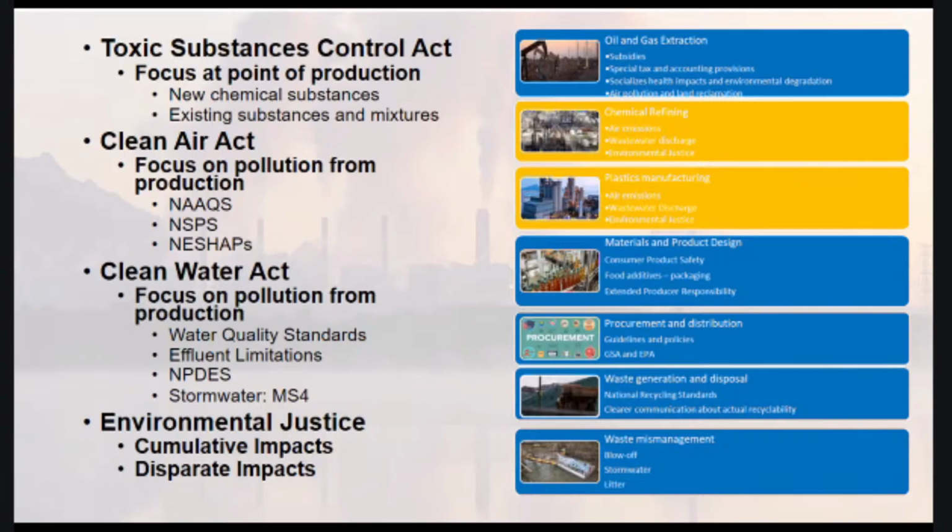One of the things that I really like about the potential for TSCA and better utilization of that statute is that it really focuses at the chemicals and polymers that are used at that point of production and shifts the burden of proof onto the purveyor of those materials to show that their use does not present an unreasonable risk of harm to human health and the environment. And that's really where the burden of proof ought to be.